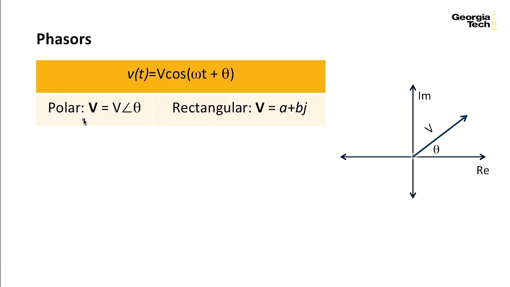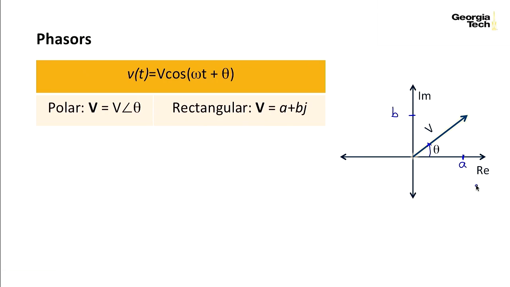Now, it is a complex number, and I'm going to draw it here as the imaginary versus the real part, as a vector, with the magnitude of the vector being V and the angle from here being theta. Now, this is polar notation, and I can convert it to rectangular notation, where this is the real component, that's a, and b is the imaginary component.